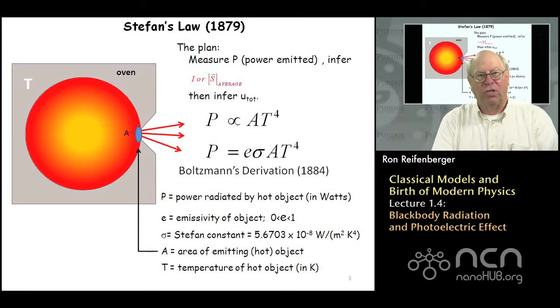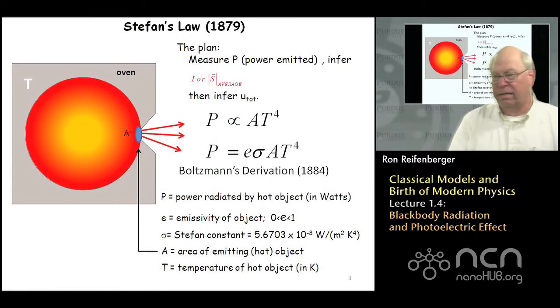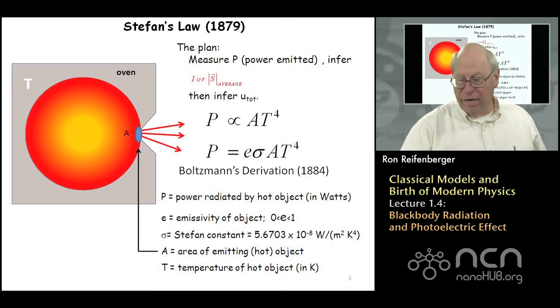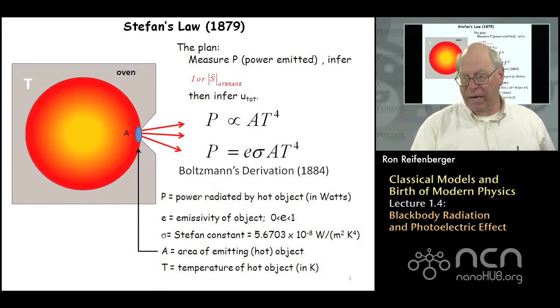The experimental results started to come in, and the first important result is Stefan's law that was published in 1879. The idea was you take an oven, you heat it up, and then the cavity inside the oven gets hot enough it starts to emit radiation.